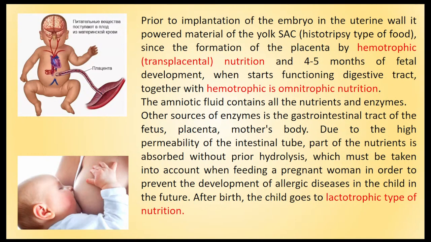Prior to implantation, the embryo in the uterine wall is nourished by the material of the yolk sac, histotrophic type of food. Since the formation of the placenta, hemotrophic transplacental nutrition occurs, and at 4-5 months of fetal development, when the digestive tract starts to function, amniotrophic nutrition joins the hemotrophic.